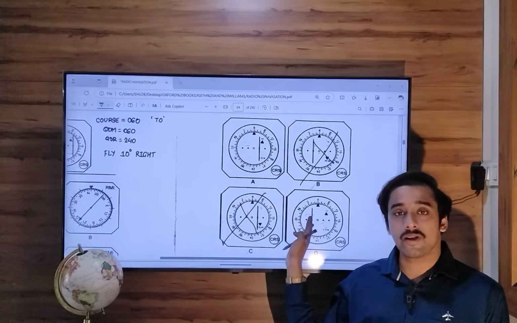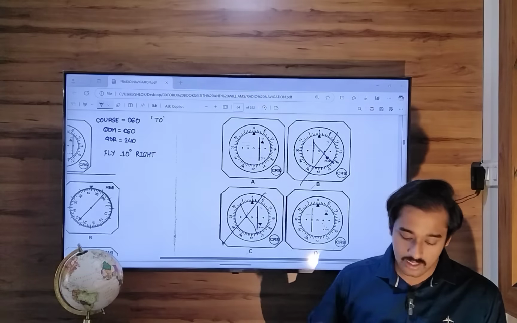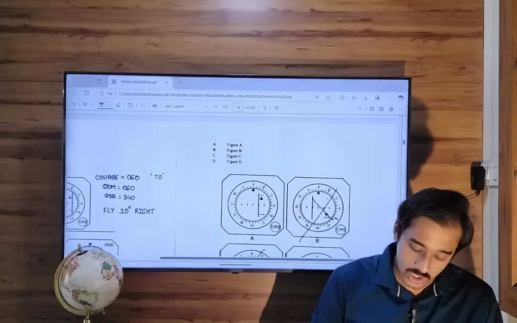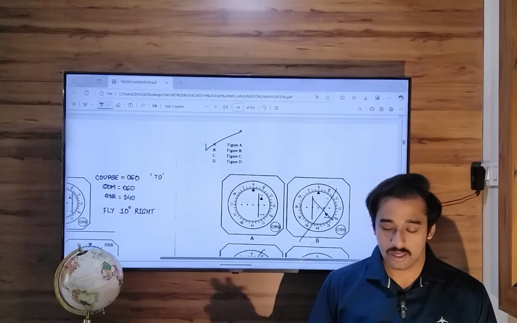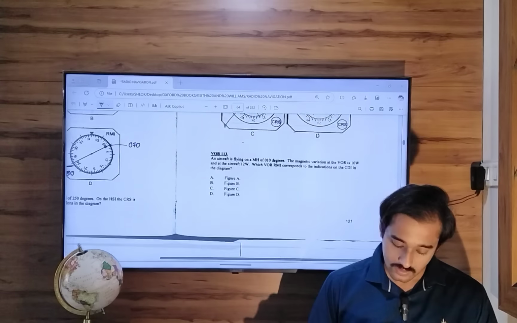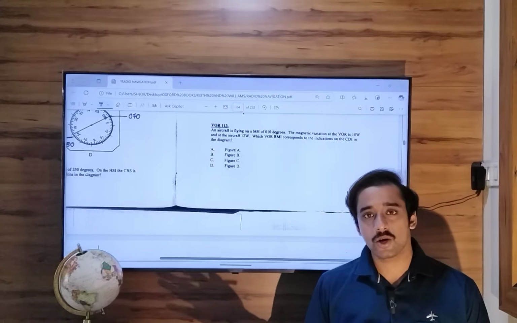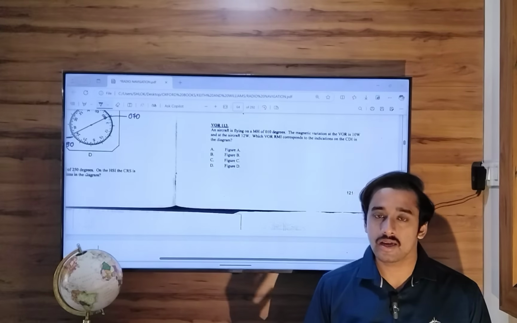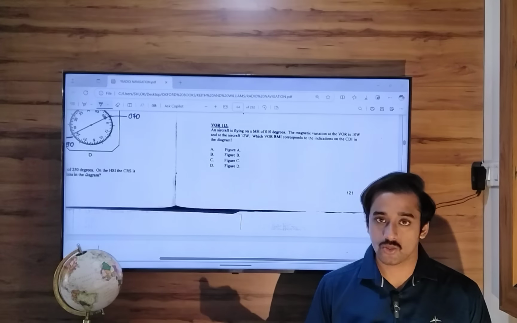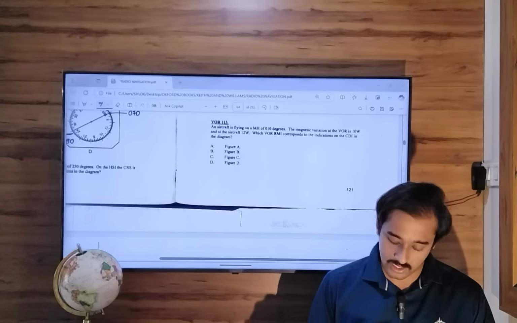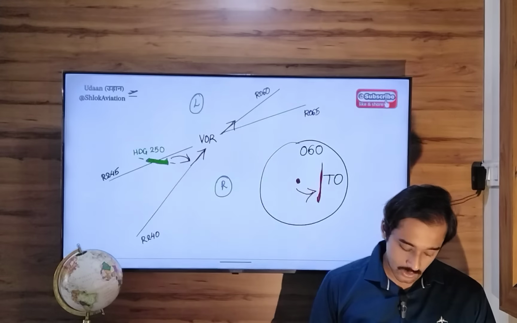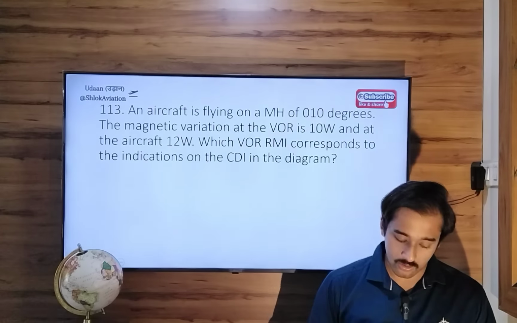In delta it is deflected to the left. So correct option is figure A or option number A. Okay, this is how you do it. We have done a question similar to this many times from RK Bali, Oxford and Keith William as well. Okay, so watch all the lectures so that you understand what we are doing now.